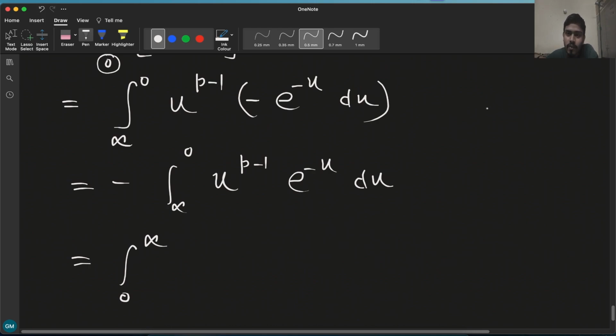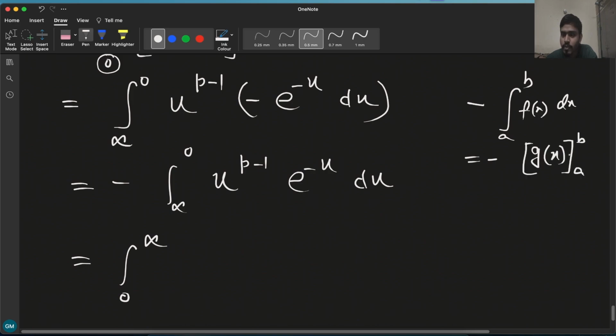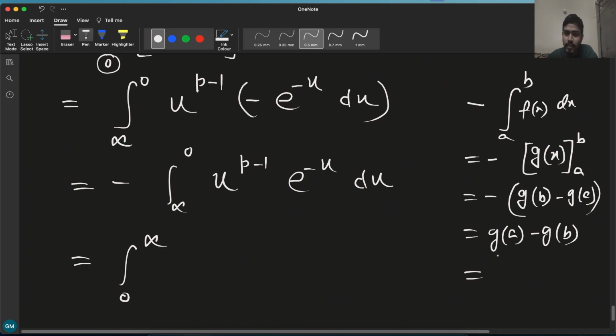After the integration, let's say you have an integration from a to b of some f(x) dx. You will just do the integration, and let's say you got some function g(x), and you will put the limit from a to b, and that is nothing but g of b minus g of a, which is nothing but minus of g of a minus g of b, and which is basically the integral from b to a of f(x) dx.